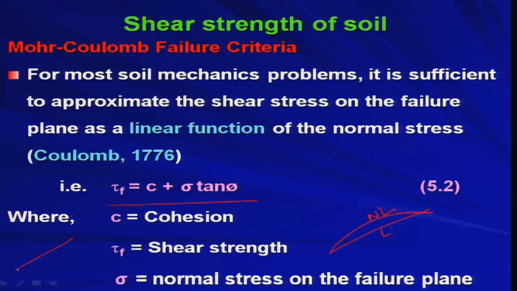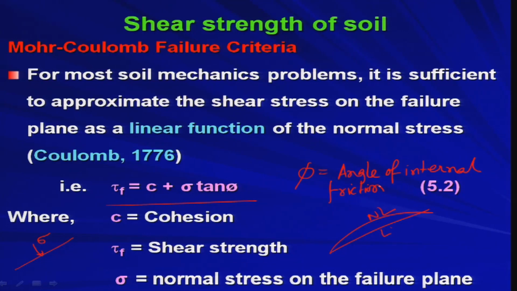If I consider this is my failure plane along which some normal stress sigma is acting, and if I know phi, where phi is nothing but the angle of internal friction. So, soil will be showing two different kinds of resistance. Basically the shear resistance will be dissipated through cohesion and through friction.